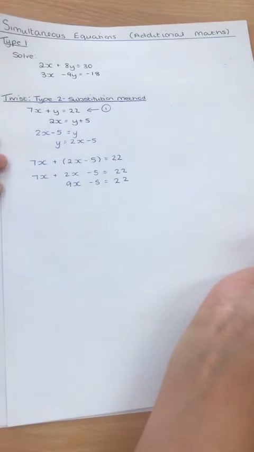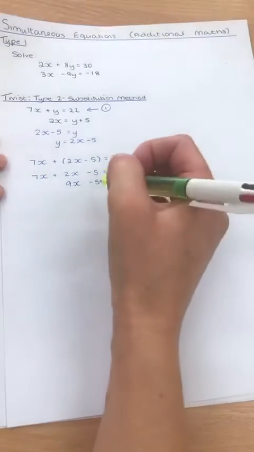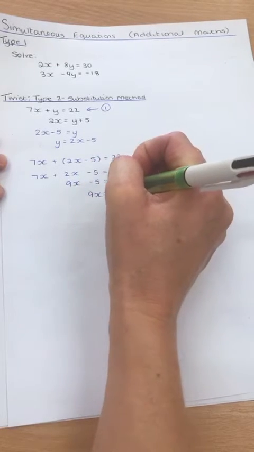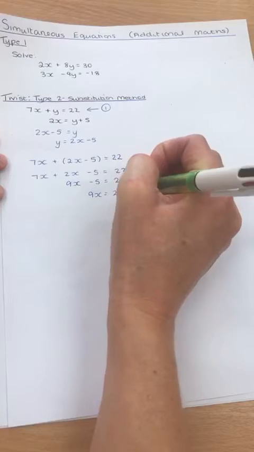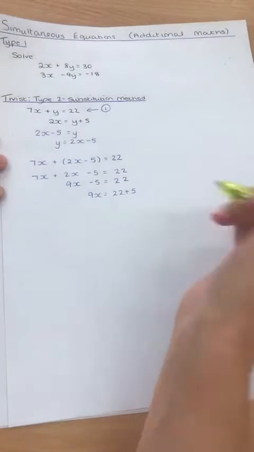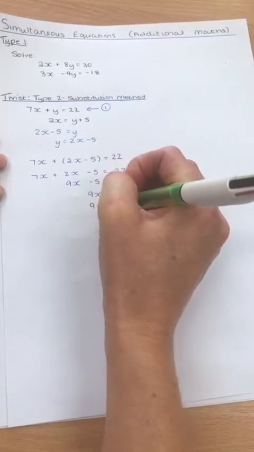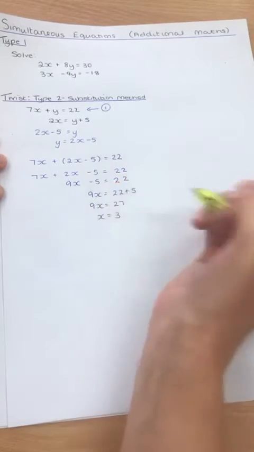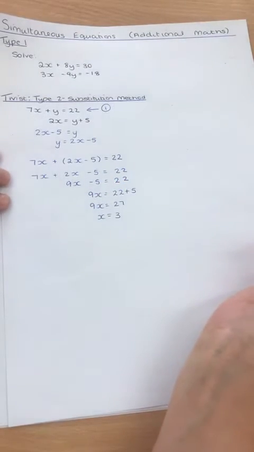And from there, I'm just solving an equation. So adding the 5, I have that 9x is, and I'll write it out long just in case, 22 add 5. So 9x is 27, which means 1x is 3. And then I use my substitution.